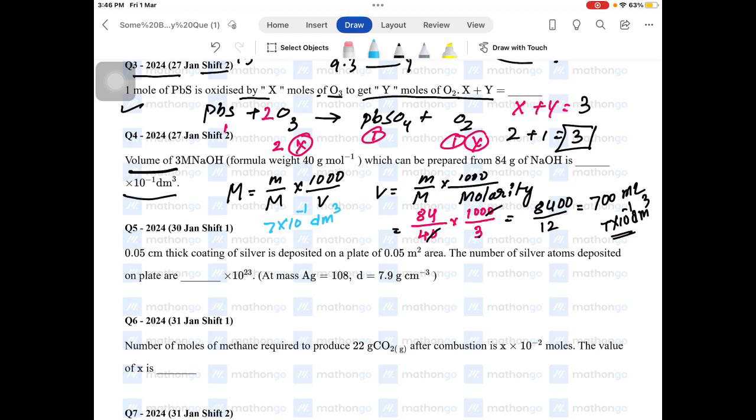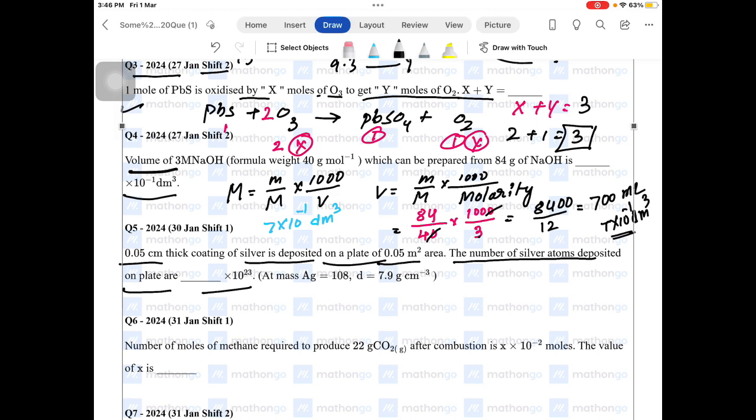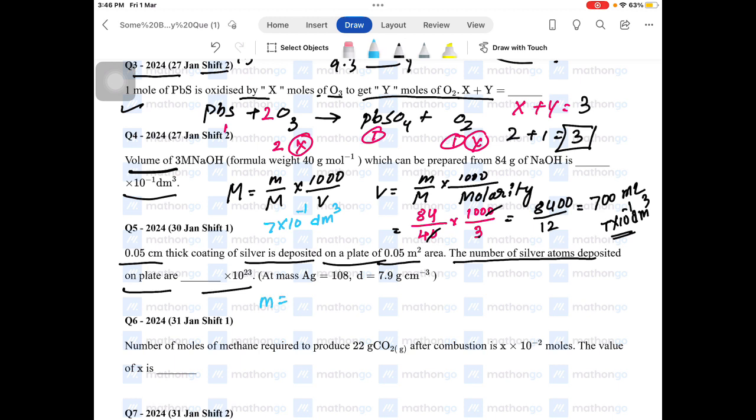Next question. 0.05 centimeter thick coating of silver is deposited on a plate of 0.05 meter squared area. The number of silver atoms deposited on the plate is dash into 10 to the power of 23. Now take mass of silver. To find mass of silver, mass is equal to density into volume.